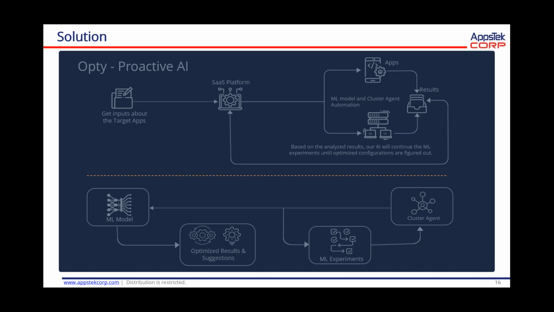So how does Opty really solve this problem? The flow of testing is still the same. The developers or your QA engineers will write the test cases and use your traditional testing platforms or tools in the same way, but Opty's platform will come into the picture as your middleman.